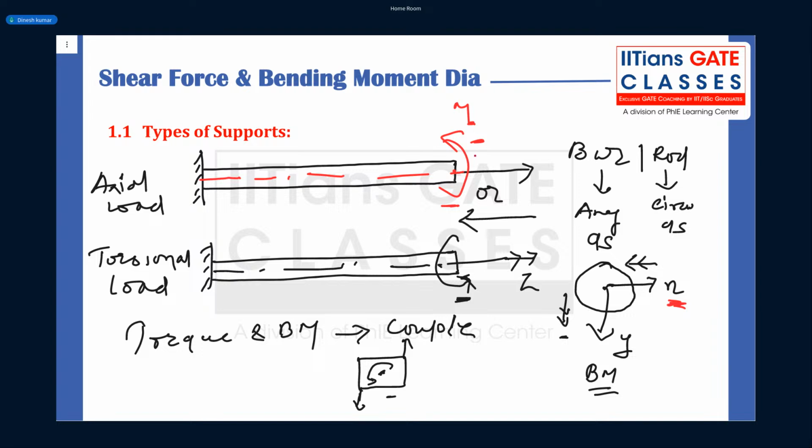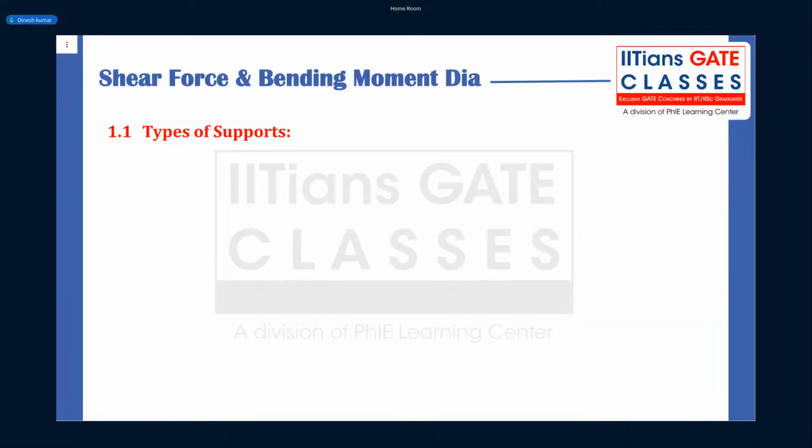See, currently this point load is passing through the longitudinal axis. It is applied exactly along the axis. If I introduce eccentricity, guys, I will draw it a little bigger.